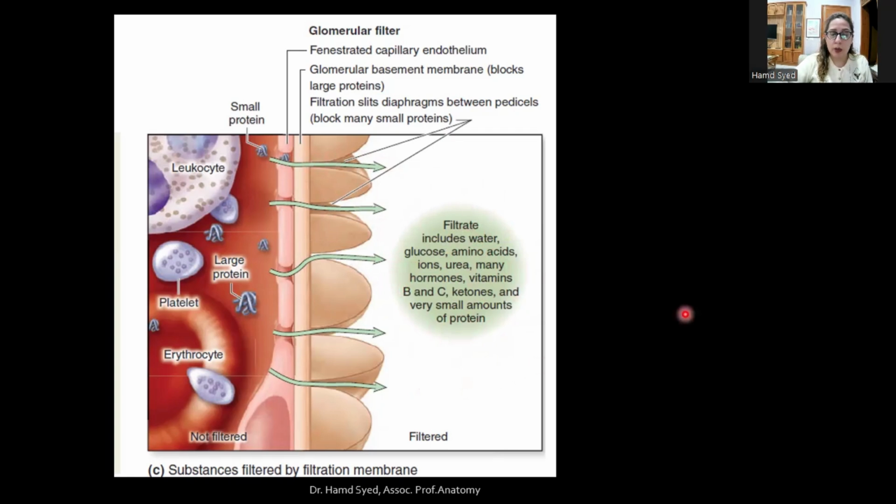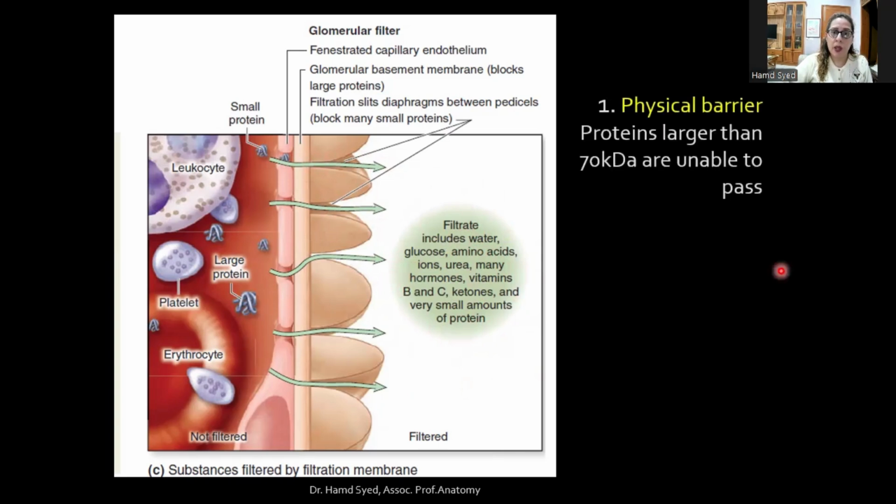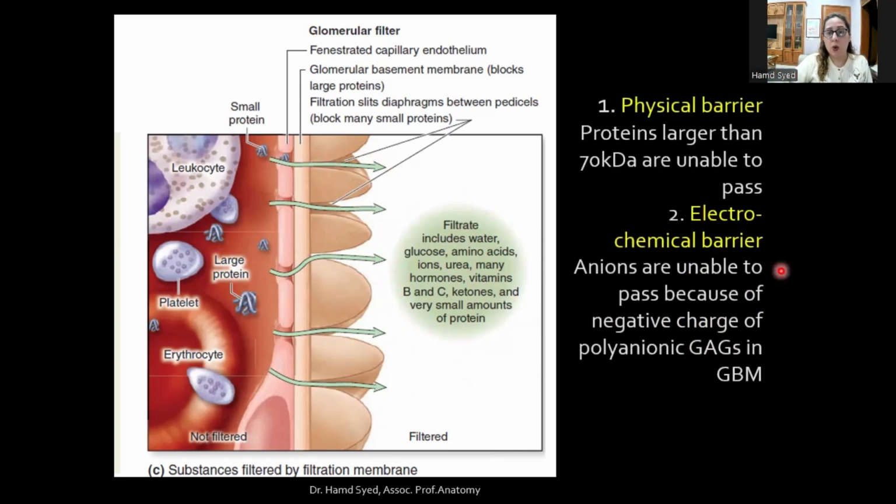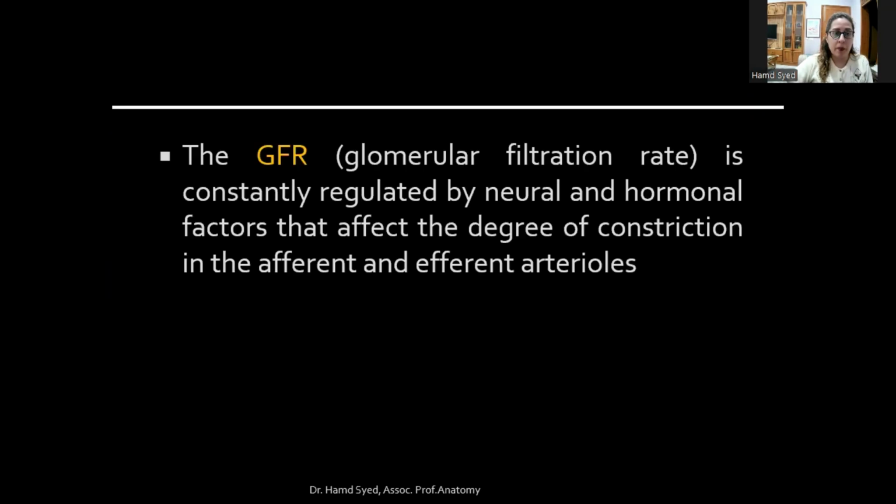So this glomerular filtration membrane or barrier is having the function of a physical barrier to the larger proteins, and also it's an electrochemical barrier because the anions are unable to pass because of the negative charge of polyanionic glycosaminoglycans in the glomerular basement membrane.